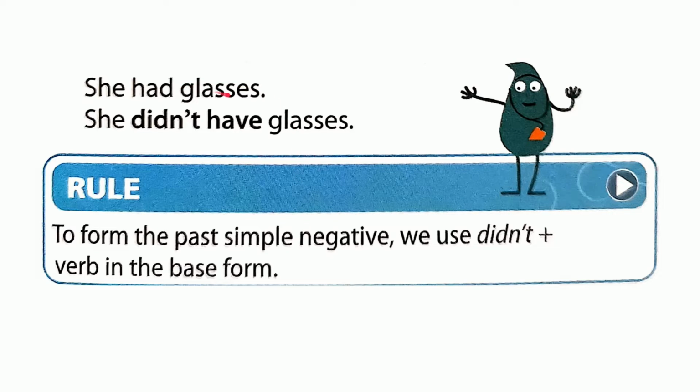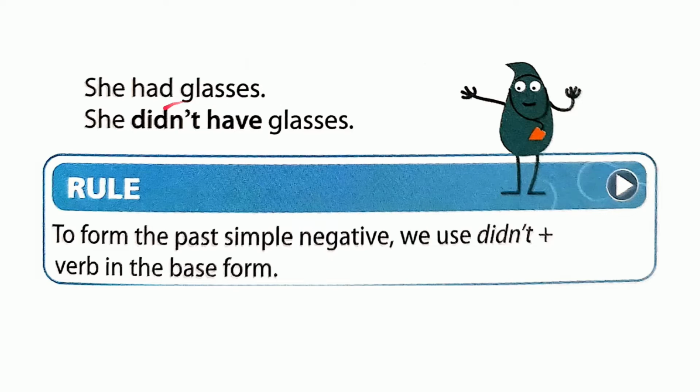Let's look at the example over here. She had glasses. She didn't have glasses. Can you see which one is affirmative and which one is negative? The first sentence is affirmative and the second sentence is negative. For affirmative simple past, you use the usual simple past tense, had.